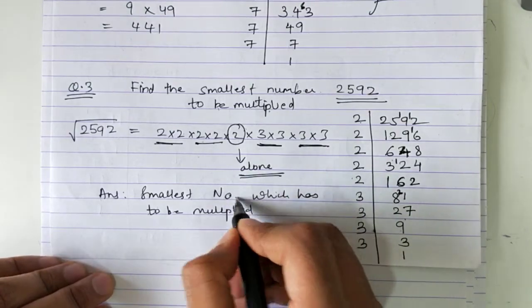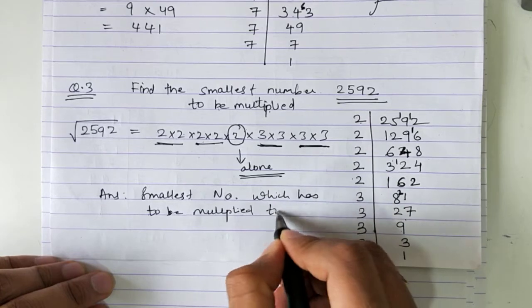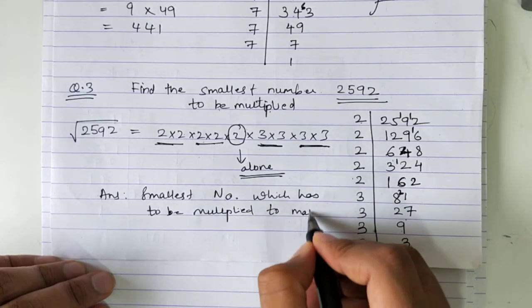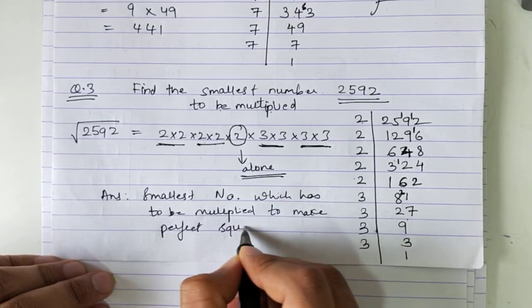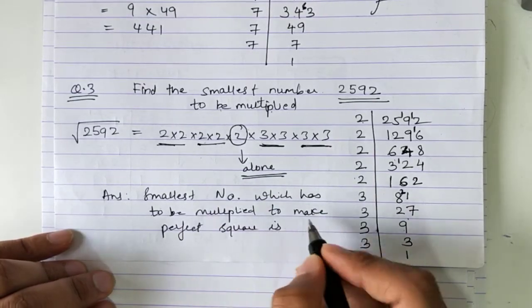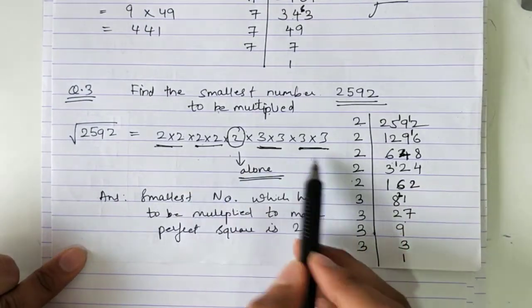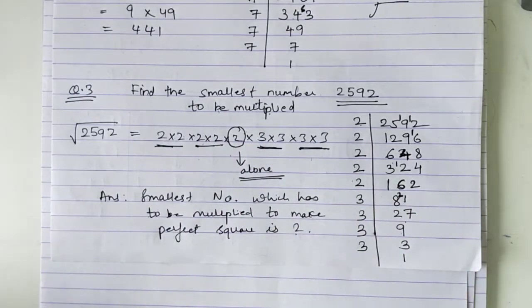The smallest number which has to be multiplied to make a perfect square is 2. So after forming pairs, whichever number is left out, that number is your answer.